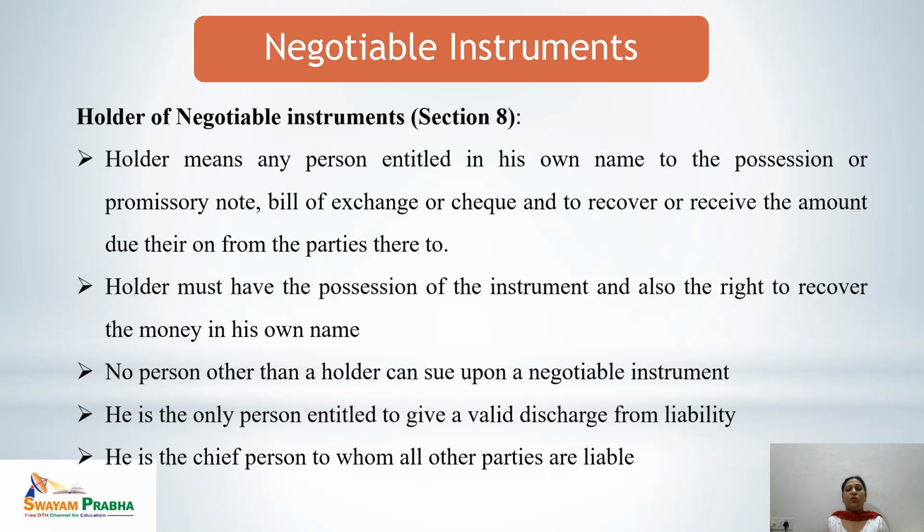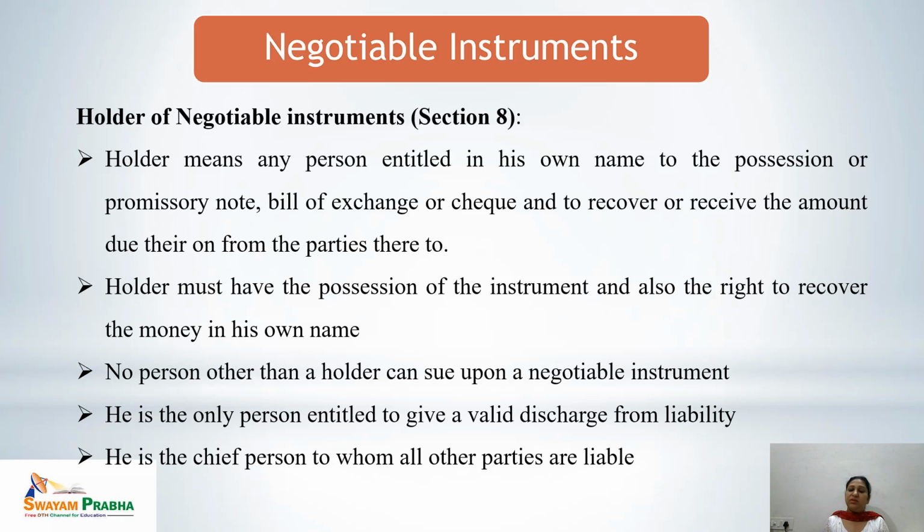It is a must that the holder must have the possession of the instrument and also the right to recover the money in his own name. That means possession and ownership of the instrument are two different things. So the holder must have the ownership along with the possession of the instrument. Only then can the holder recover the money in his own name.